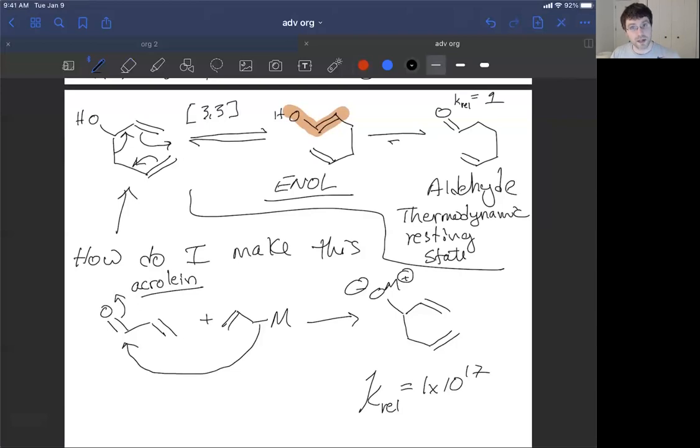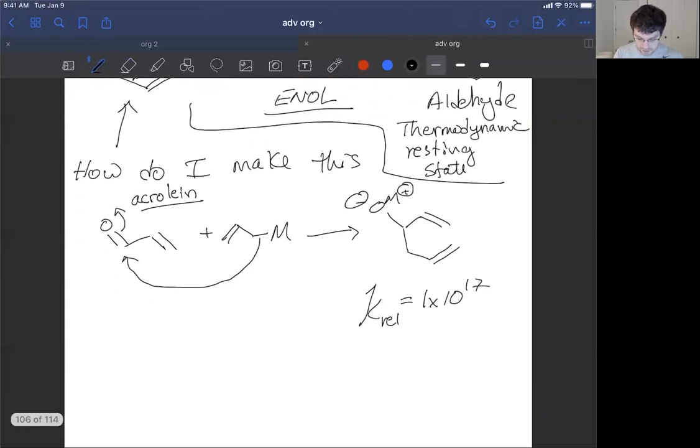So if the protonated species reacts at some rate constant, let's call it 2, and then rate constant units, okay? If you have the deprotonated version, this will undergo a very rapid reaction with a rate constant of 1 times 10 to the 17th. Whoop, I already drew it wrong.